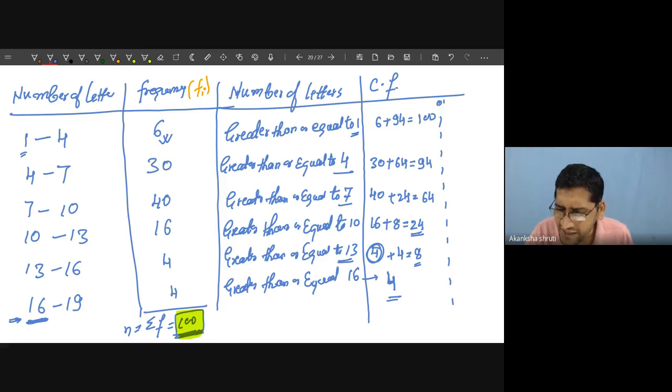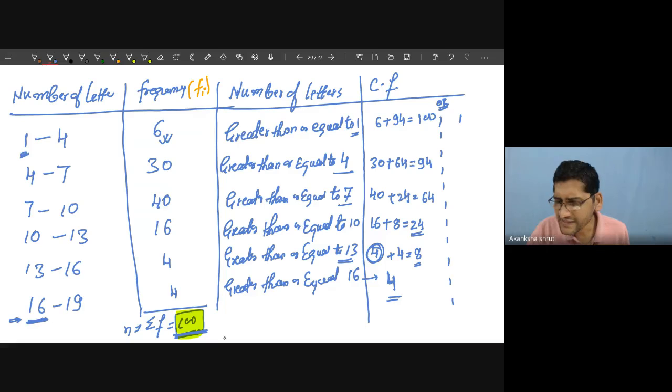So the other way is you take this 1, which means it includes all the frequency. It is like our summation of f, which is 100, because the total number of observations, all the observations are greater than or equal to 1. So greater or equal 1 means it is 100.